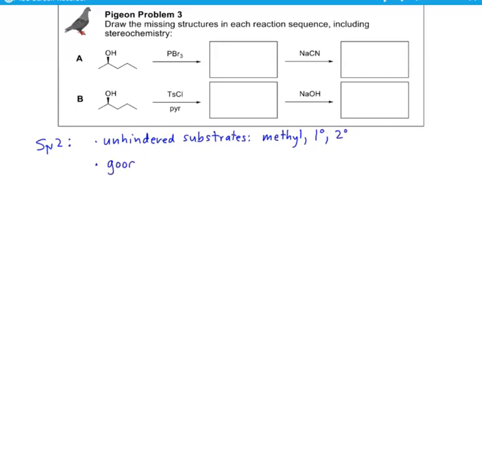SN2 is also favored by good nucleophiles that are weak bases. So that would include things like I minus, Br minus, Cl minus, HS minus, RS minus, and then cyanide and azide ions.